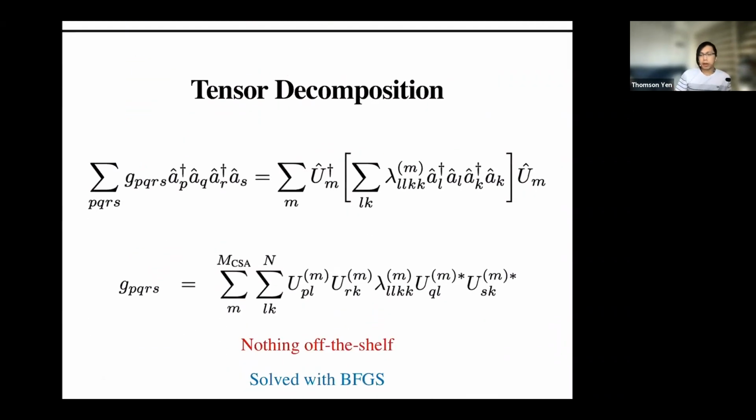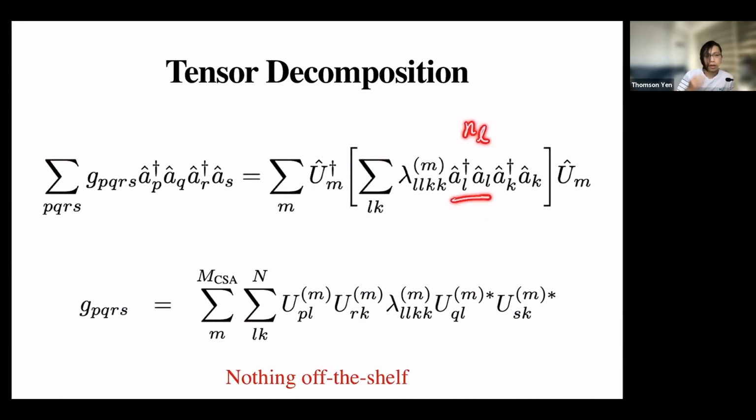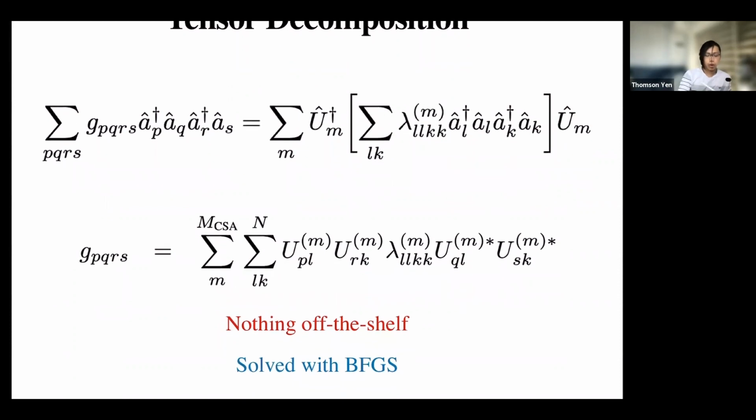So a little bit more about the nonlinear decomposition. On the left-hand side, this is the two-body term we try to decompose. On the right-hand side, this is what you saw before with the number operator expanded, so an L expanded into creation and annihilation operators. You could apply the unitary operator onto the creation and annihilation operators and show that, in terms of the tensor, what you want to do is this sort of decomposition.